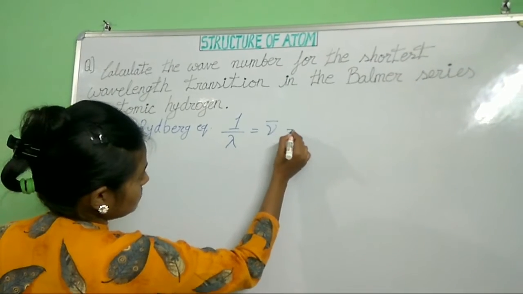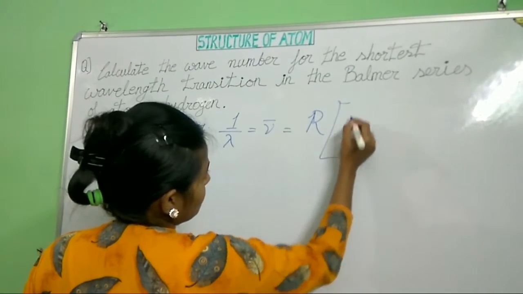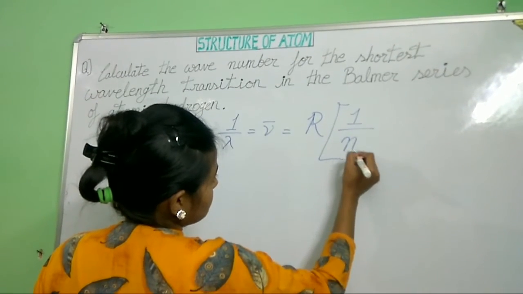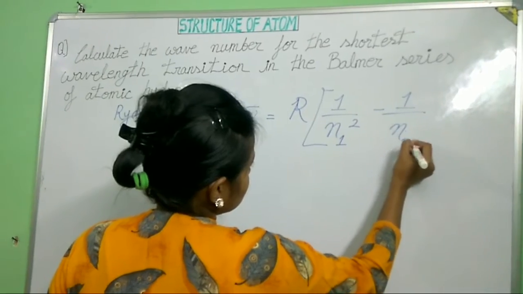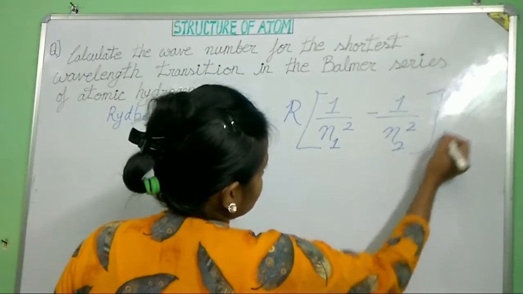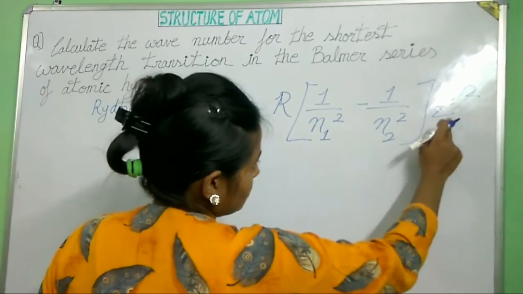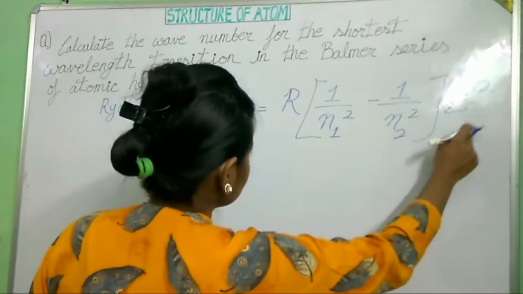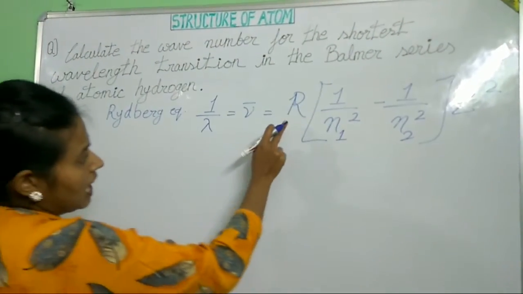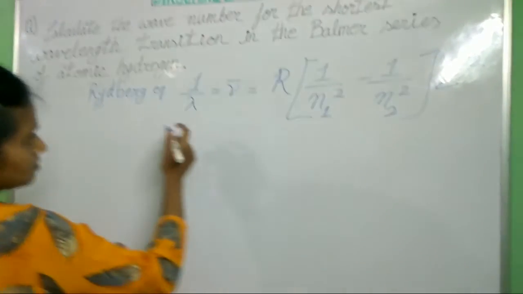It is equal to R into 1 by n1 square minus 1 by n2 square into z square. What is this z? This z is atomic number, here hydrogen is given, so it will be 1, so no problem. And R is Rydberg constant, that is, let us put the values here.